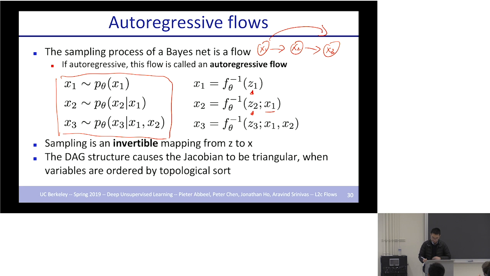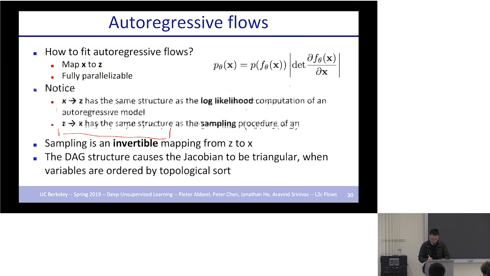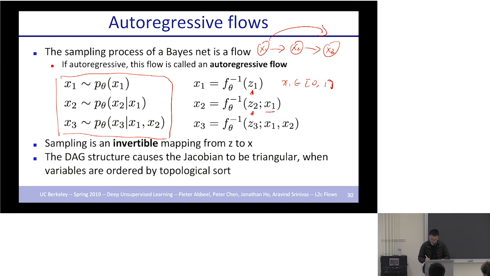So as a specific example, let's say x1 can only take up two values, 0 or 1. Then what we can say is that this specific function equals z2 plus 1 if x1 is 0, or it could equal z2 minus 2 if x1 is 1.